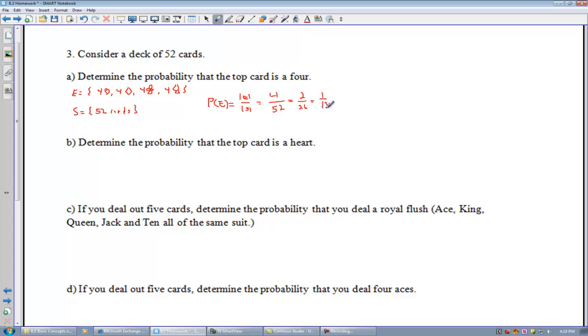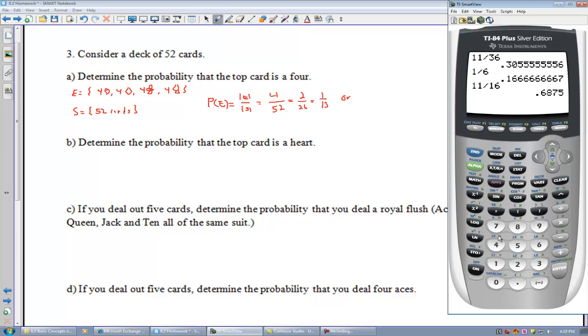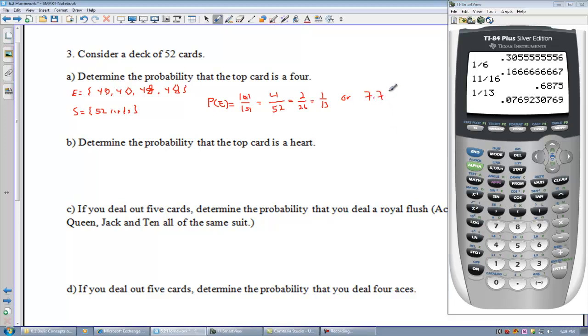So 1 over 13. Or on your calculator, 1 over 13 is equal to about 7.7%. Let's keep it with 1 decimal place, so 7.7%. But this is my answer, 1 divided by 13.